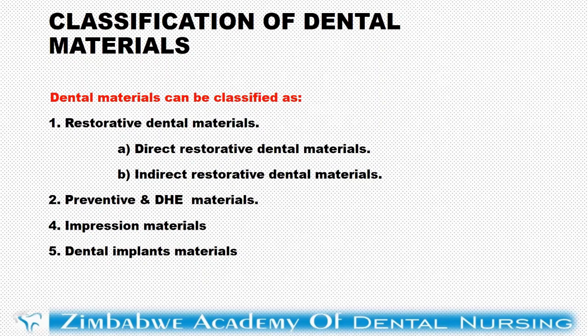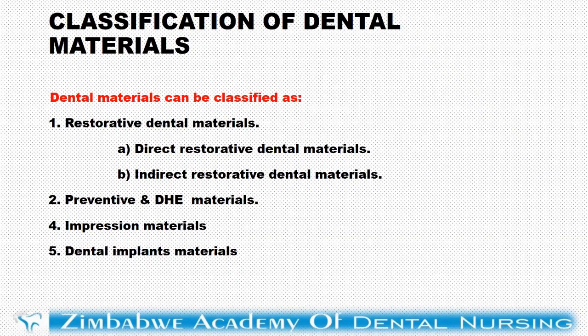It also helps us to study them better, because dental materials in a certain classification tend to be manipulated, stored, and used for similar things. And they tend to behave also in a similar way. So this classification that I'm giving you here is not exhaustive, it's just a general working classification.